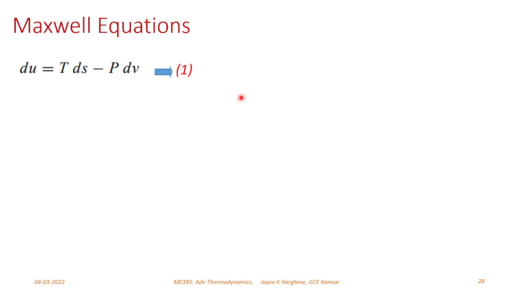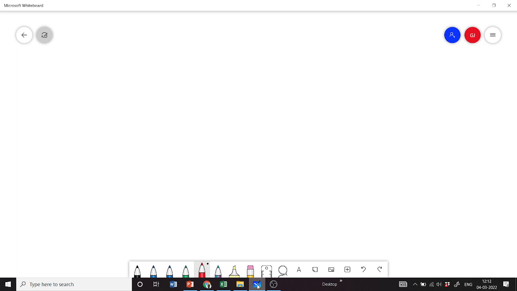So Maxwell's equations are derived from the energy equations. We know that du is equal to TdS minus PdV. I think there is no problem with this, because we have dq is equal to du plus pdv.